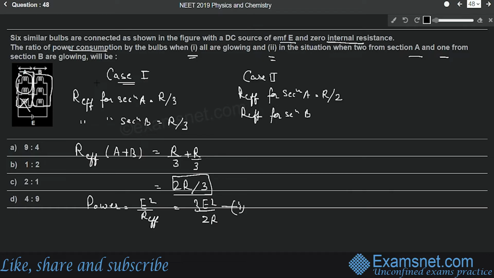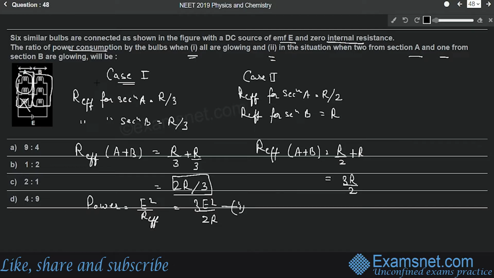Only 1. So it will be R only, right? So R effective of the combined section A plus B will be what? It will be R by 2 plus R because both are connected in series. So here we'll get 3R by 2, isn't it?